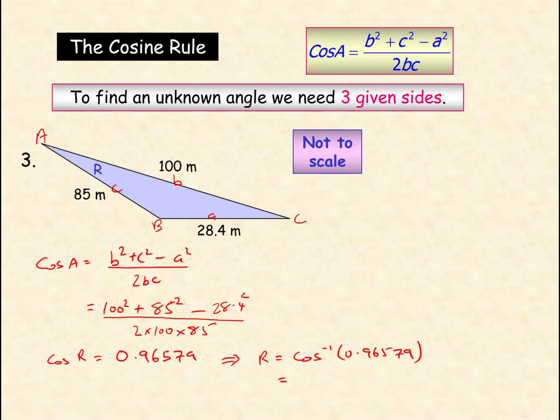So shift cos, answer equals 15.03 degrees to be exact. Okay, good. So hit pause, make some notes, and it's time for you to attempt some questions.